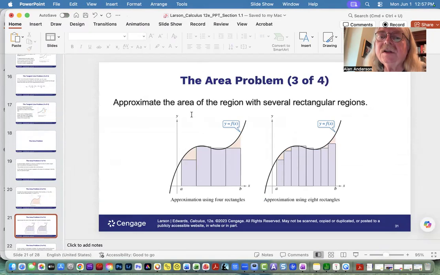You can think of this as imagining drawing these rectangles underneath that curve and using their area as an approximation to the actual area under the curve. And you can see what they're getting at here is that as the number of rectangles grows, the area of the rectangles will get closer and closer to the area under the curve.